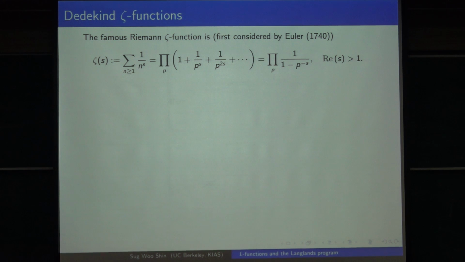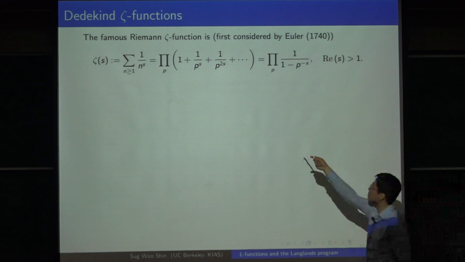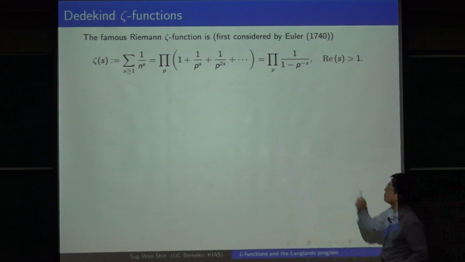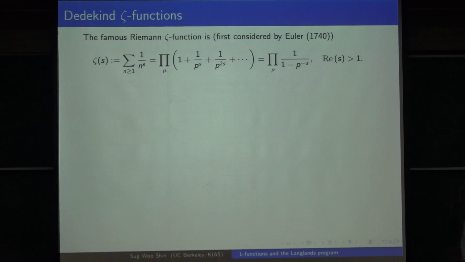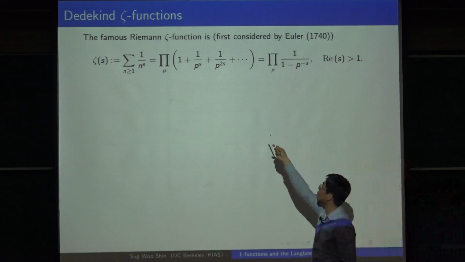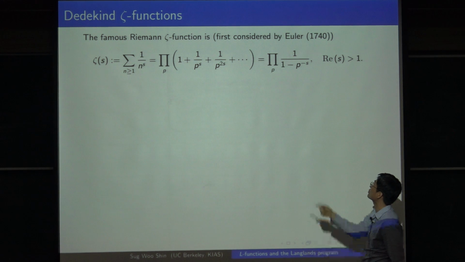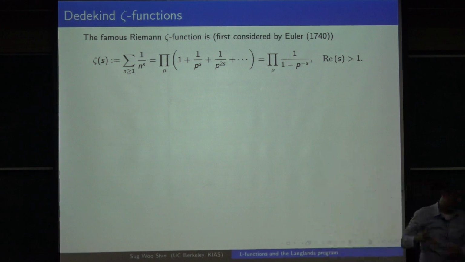I thought there was one, but it disappeared mysteriously. This infinite sum and product can be rewritten in this way. That's a standard thing, right? As long as p to the negative s is sufficiently small, you can do this.